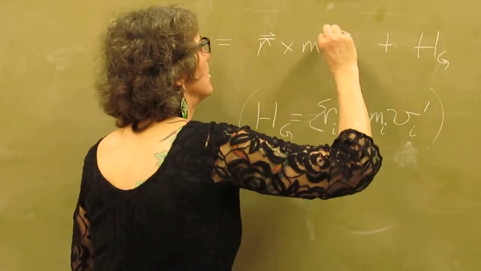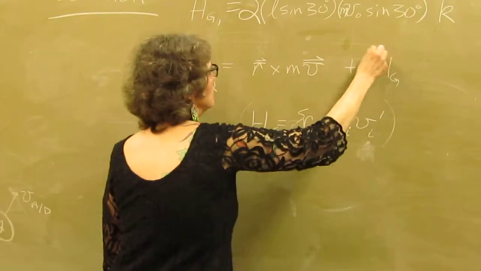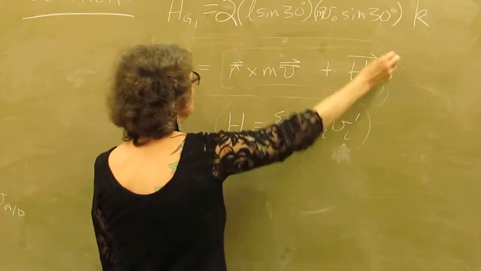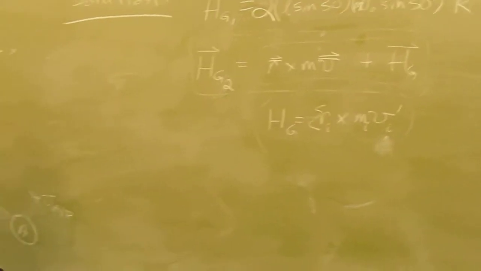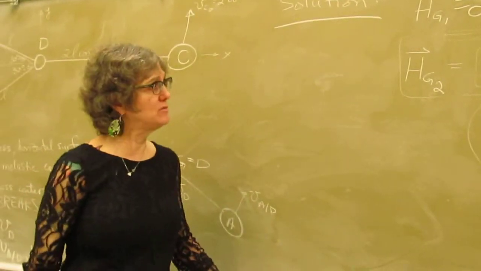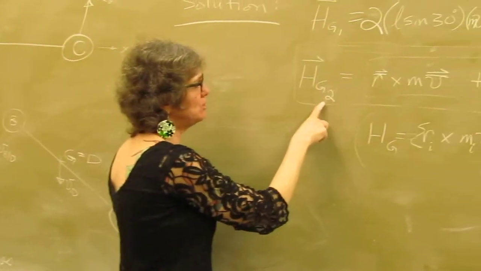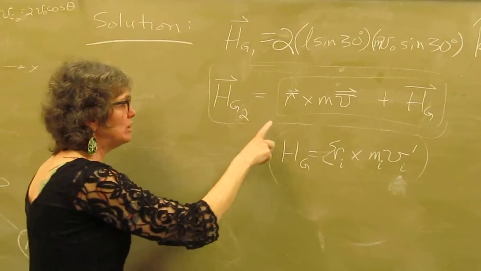There's bars on these. So instead of calculating the individual absolute angular momentums of each particle, like we did here at time 1, I'm going to use this alternate formula.